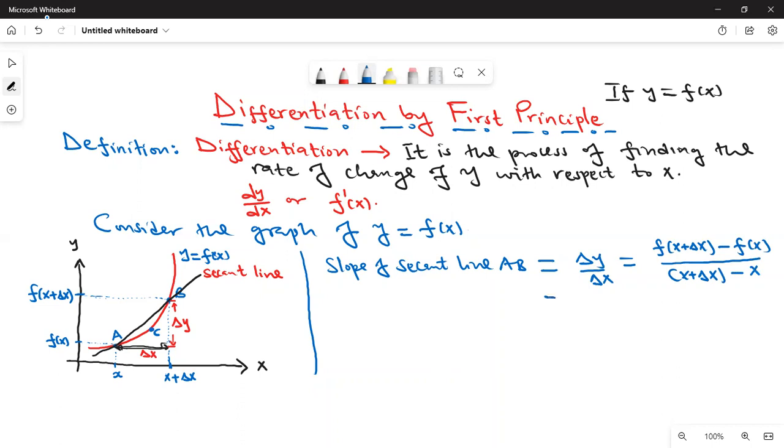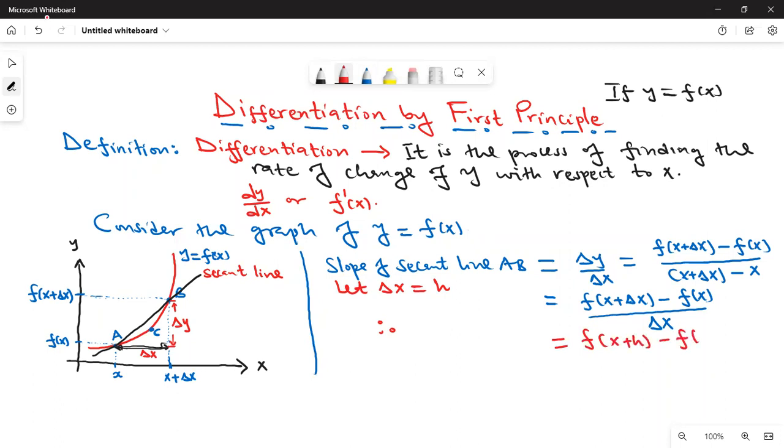When you simplify, you get f of x plus delta x minus f of x, everything over delta x. And if we let the change in x be equal to a constant h, then the slope here will be f of x plus h minus f of x, and everything over h.